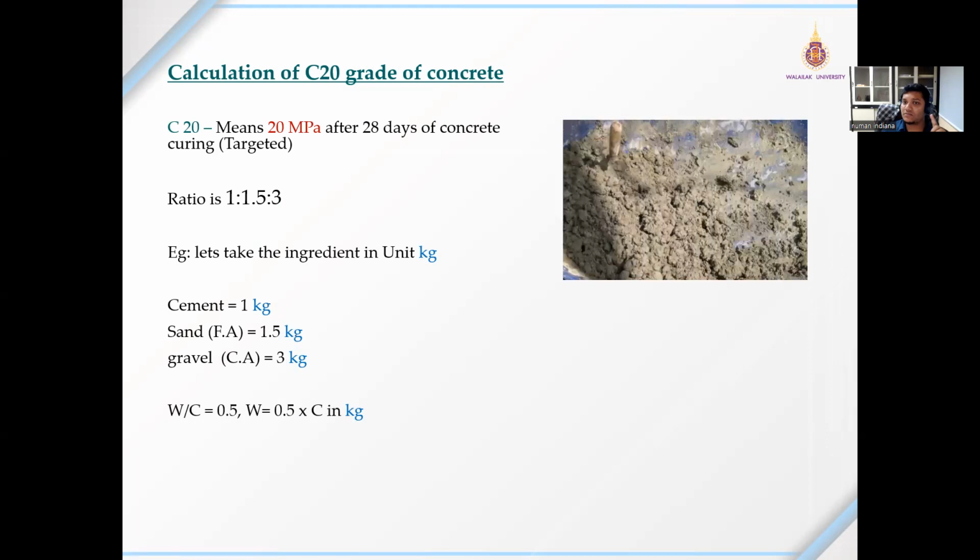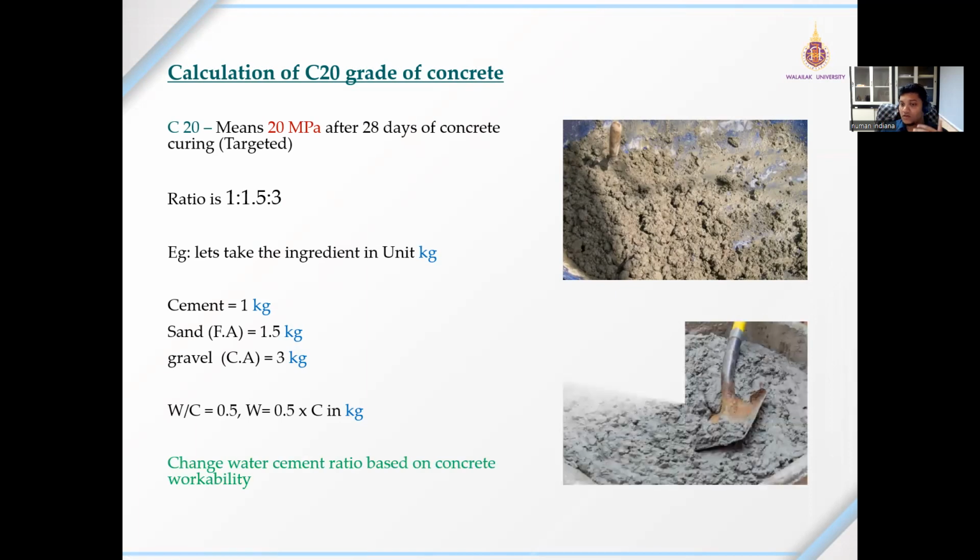If your concrete mix is dry or harsh, then you have to increase the water cement ratio to make it workable concrete. And if your concrete is too fluid, you reduce the water cement ratio to make it workable concrete.